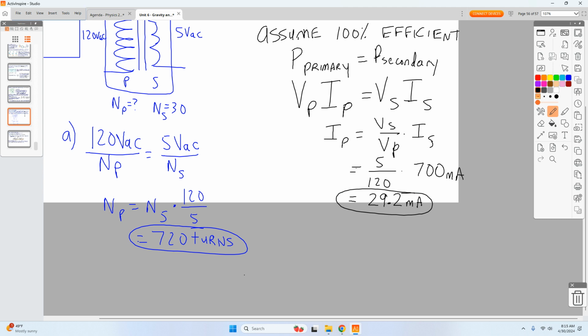Last question on that one is, what's the power transformed? I would like you to try that one. How much power is being transformed there? So I'm changing voltages, I'm changing currents, but what's the amount of power being transformed? Just take a moment so you can calculate that one.